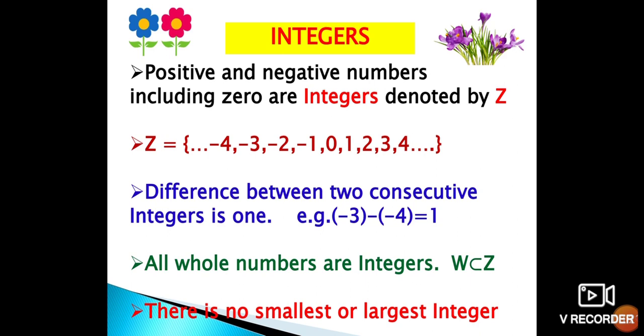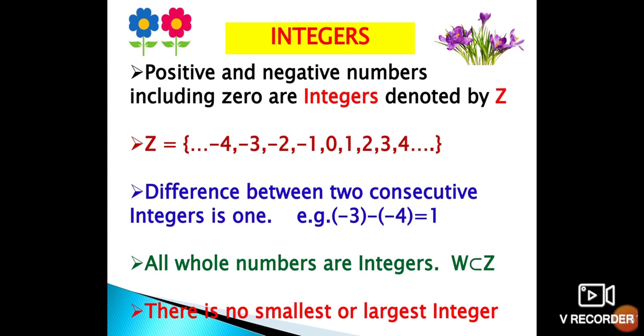So Z, if you list them, runs from minus infinity, and so on, minus 4, minus 3, minus 2, minus 1, 0, 1, 2, 3, 4 and so on. On the right side we have infinitely many numbers, and on the left side also infinitely many. Here also the difference between two consecutive integers is 1. If you take minus 3 and minus 4 and subtract minus 4 from minus 3, that is equal to 1.